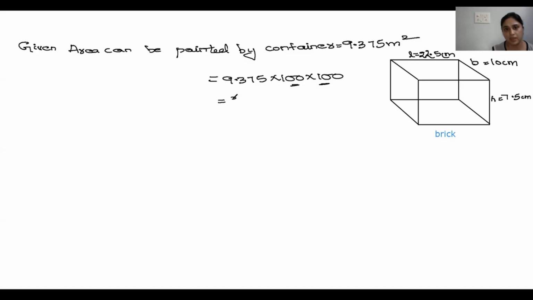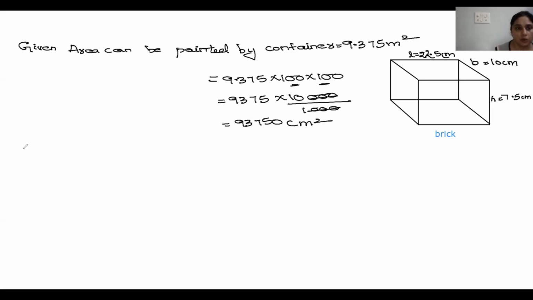So this will be 9375 into 10,000 upon 1,000. So the zeros will be cancelled. So the area will come out to be 93750 centimeter square. Now we are provided with the dimensions of the brick.